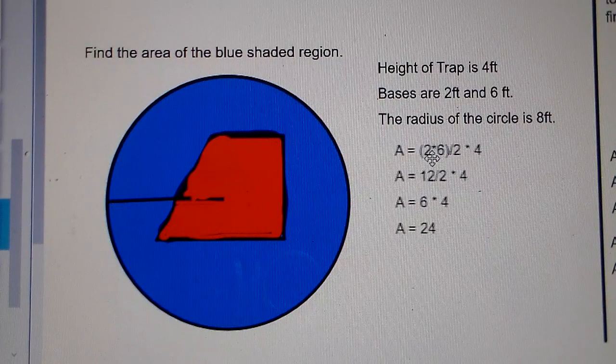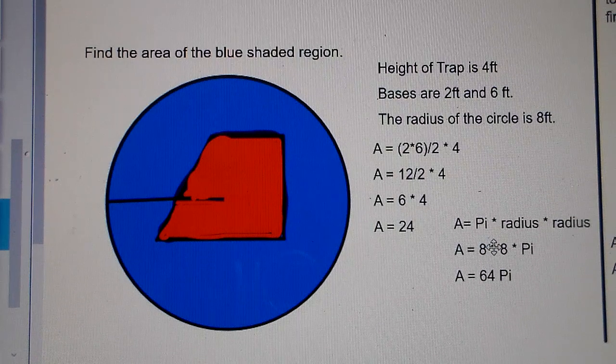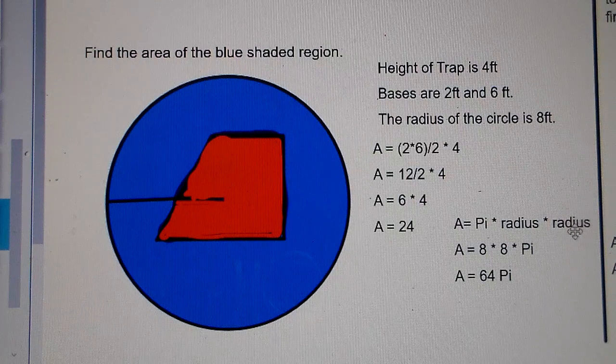So first, I find the area of the trapezoid, which is 24 feet squared. Then I find the area of the circle. The area of the circle, in case you forgot, is pi times radius squared, because radius squared means radius times radius. So if my radius is 8, I do 8 times 8 times pi, which is 64 pi.